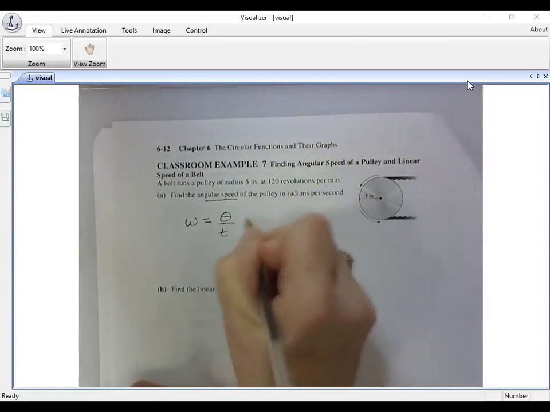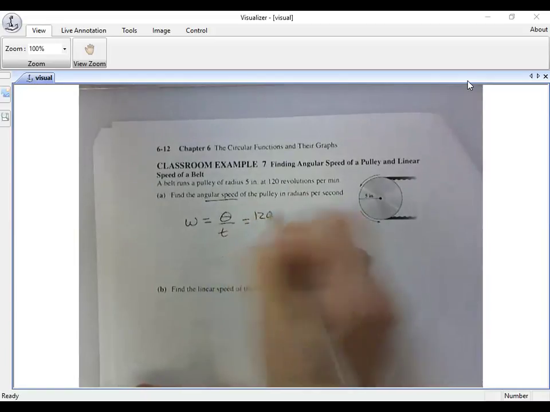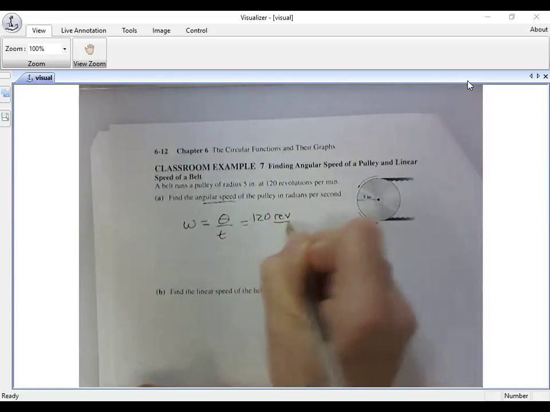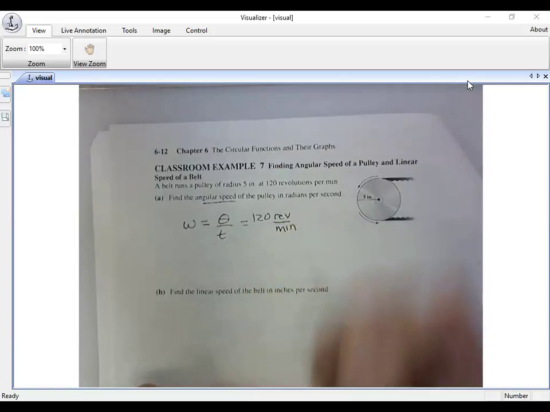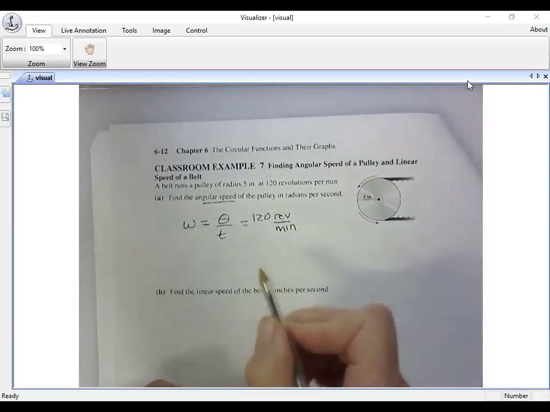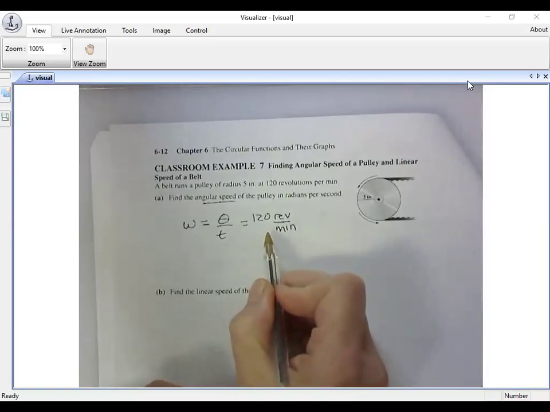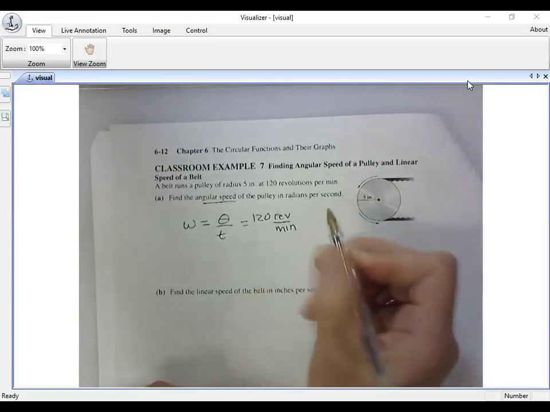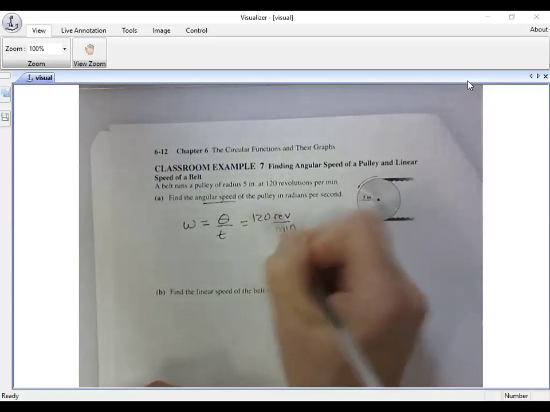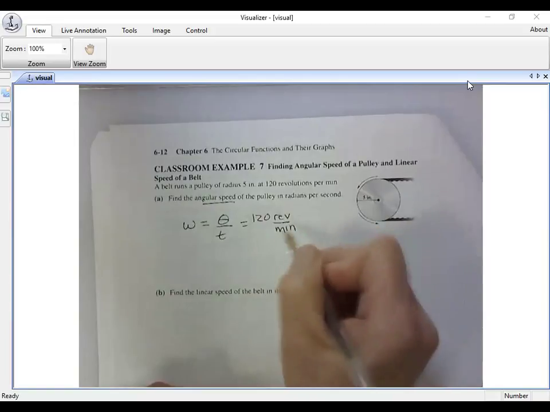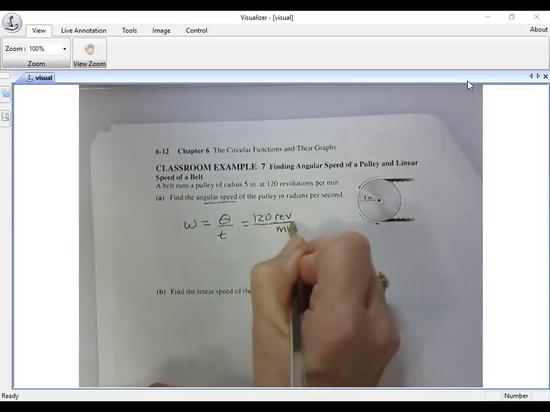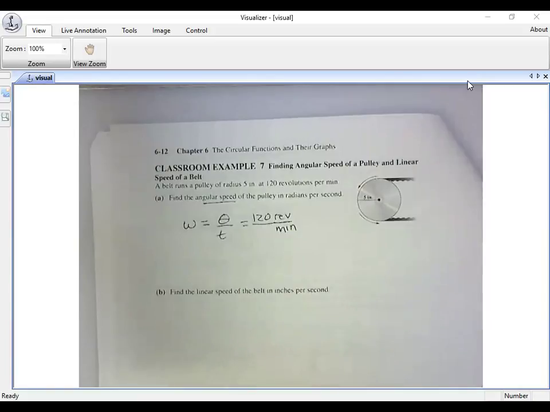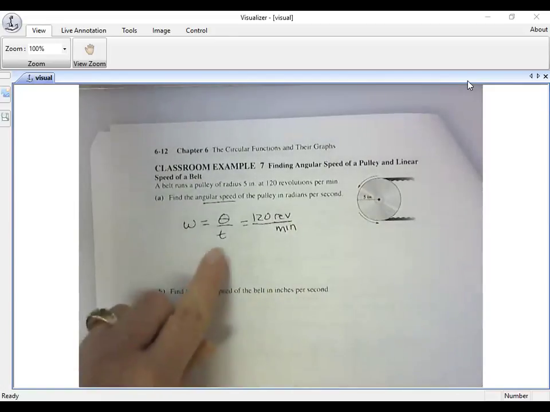So let's see what we have. If we start off with 120 revolutions per minute, and we want to get that into radians per second for our final answer. And I'm just going to extend the line like that, because if it's revolutions per minute, it just means that revolutions is in the top of the fraction, minutes is in the bottom.